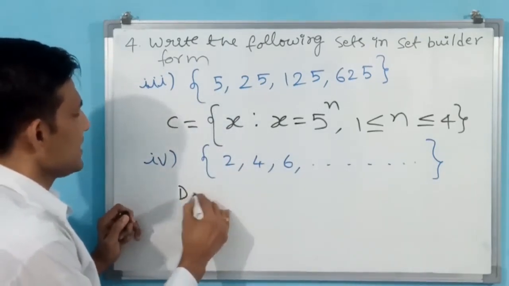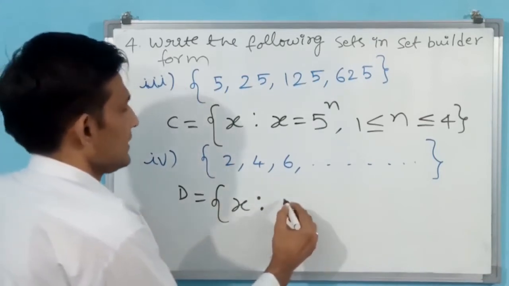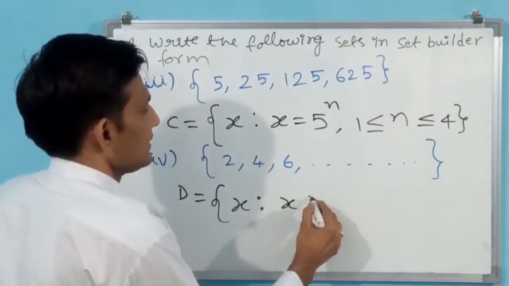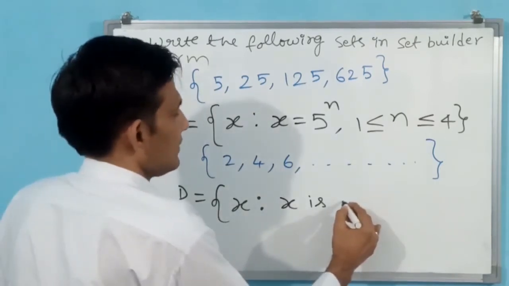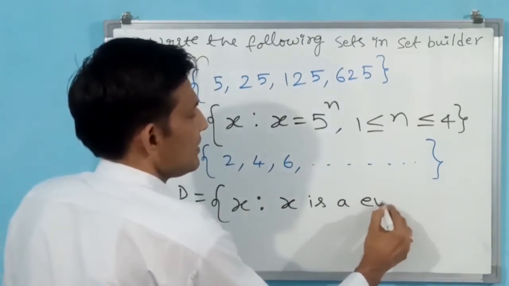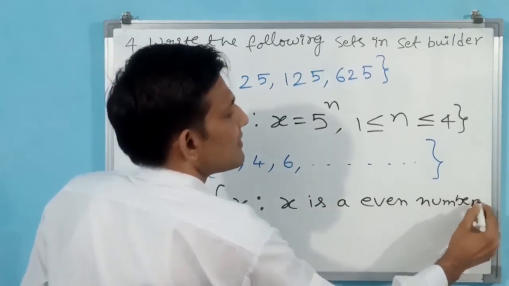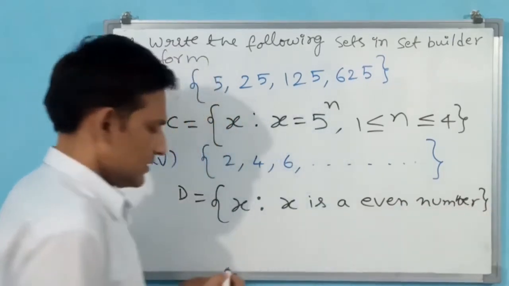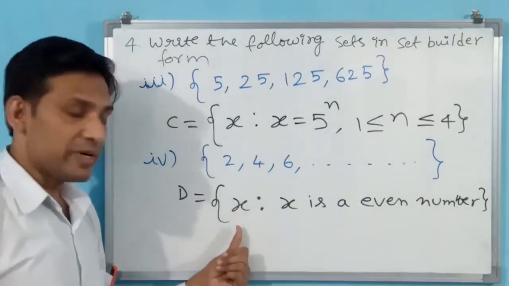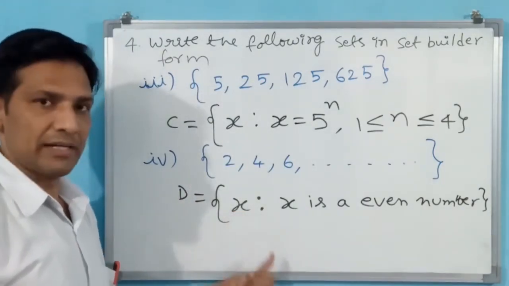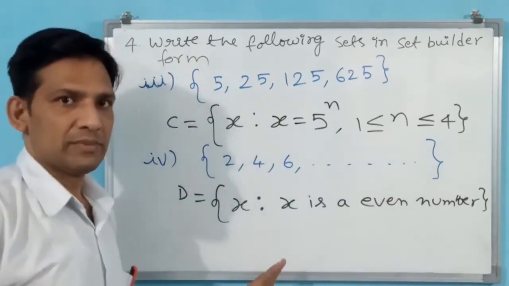Okay, let us take D is equal to, for all the values of x, x is an even number. But in set builder form, if you put this colon, automatically for all means all even numbers have to come.